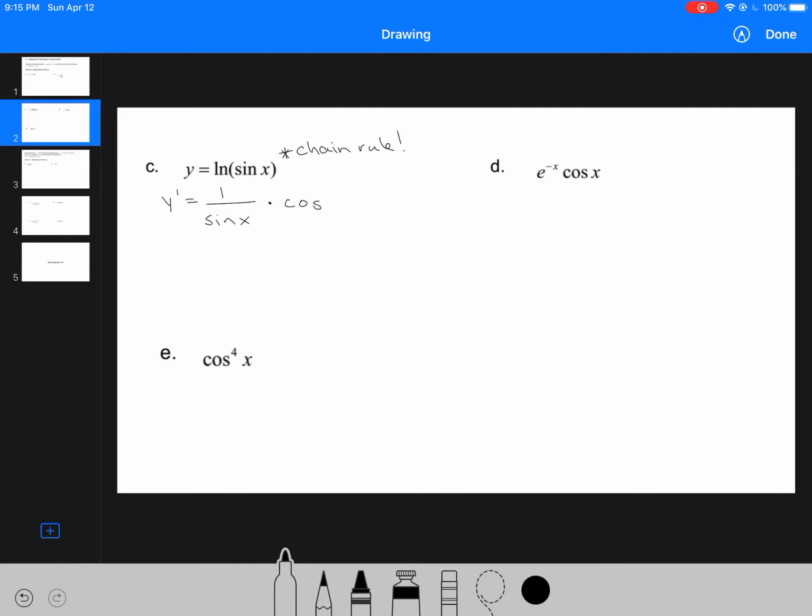Now we have to multiply by the derivative of the inside function, which is the derivative of sine x, which is cos x. And here we can actually simplify this to y prime equals cotan x, but that's not necessary. The important part is that you're using the chain rule to accurately differentiate this function.